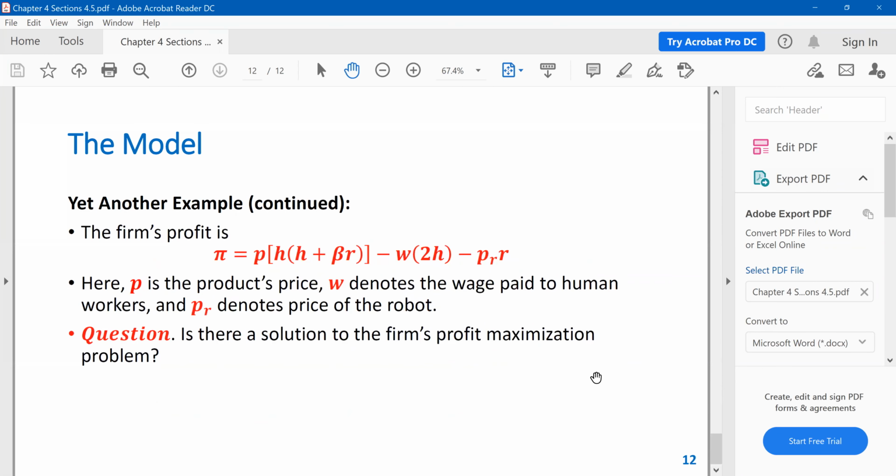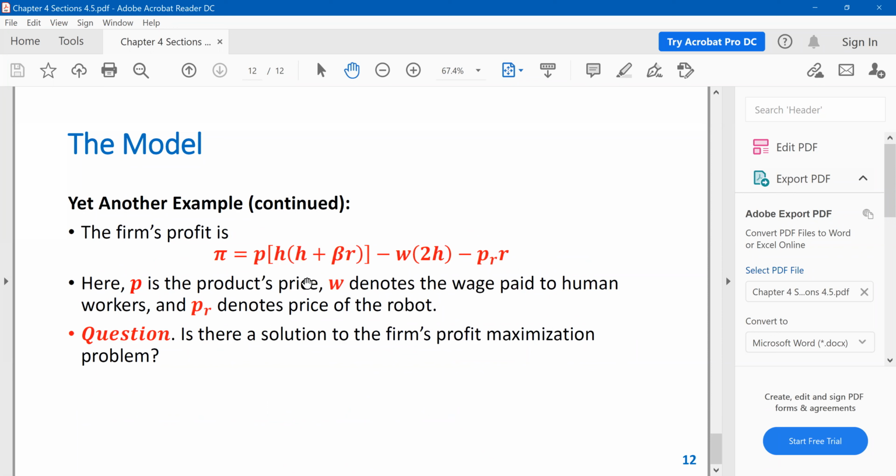Now the question is interesting because if we can write the profit, what do I have? I have the price of the product. I have the output. Output depends on H. I have two workers now. One is performing task 1.